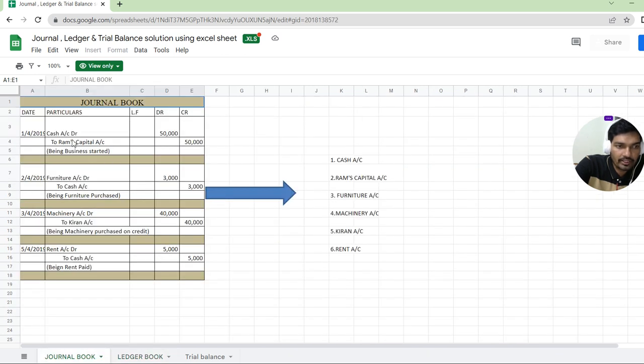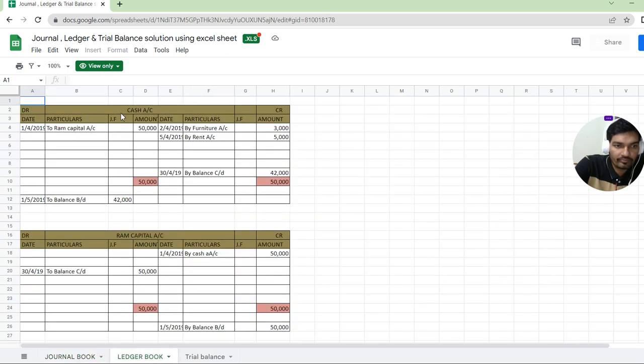The first entry is cash account debit to Ram's capital account. The first account is cash account, the second account is Ram's capital account. So go to the ledger book. We have opened cash account as the first account, and the second account is Ram's capital account.